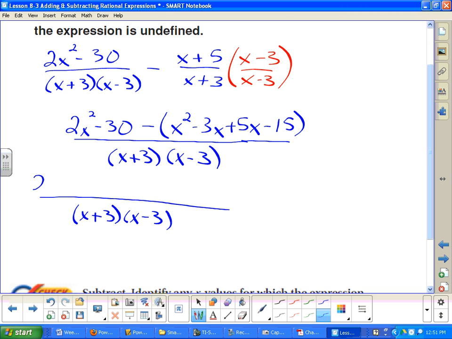So we still have 2x squared minus 30. And now I'm going to distribute the negative. So my x squared becomes negative. What's negative 3x plus 5x? Okay, so when I combine those two x's, I have positive 2x, but when I distribute the negative, it makes it a negative 2x, and the negative 15 becomes a positive.